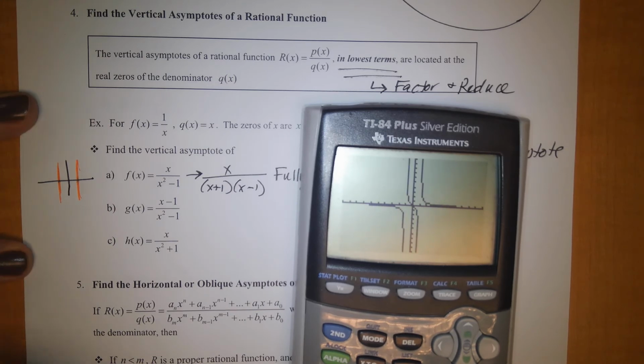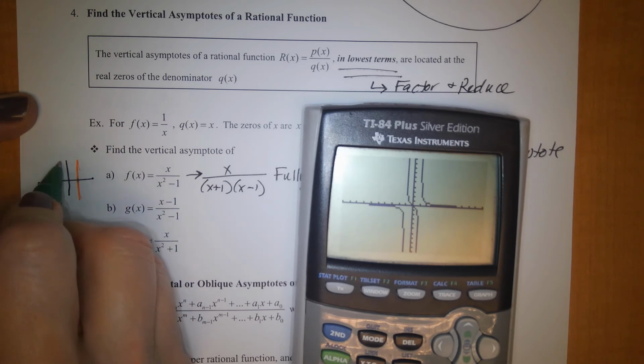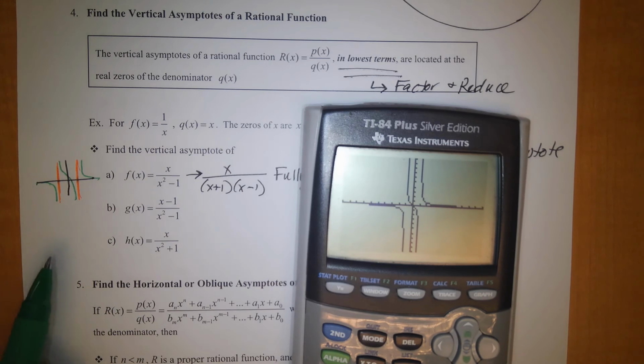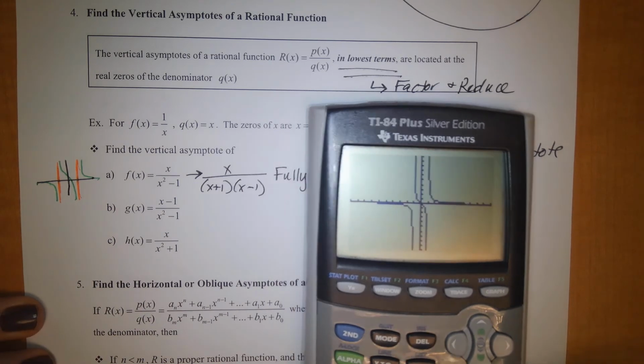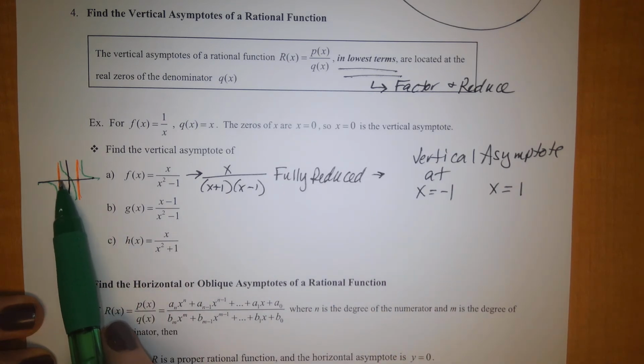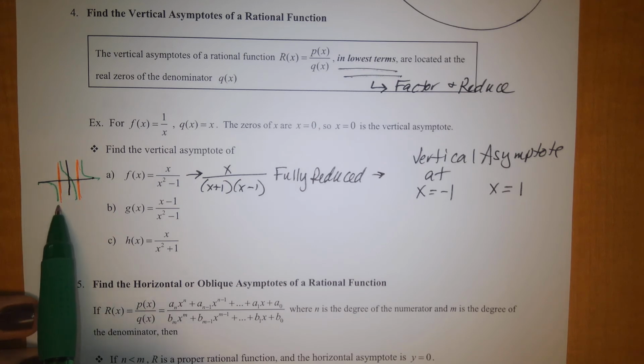So the full graph of this is going to be something that looks like this. So you can see that that graph never crosses those vertical asymptotes. And those vertical asymptotes are located, again, at -1 and at +1. And the green graph never crosses through that anywhere on the graph.